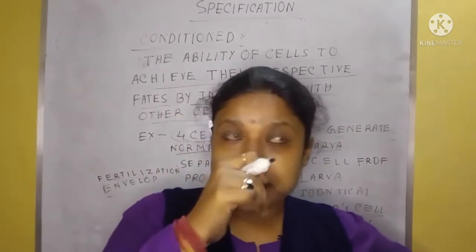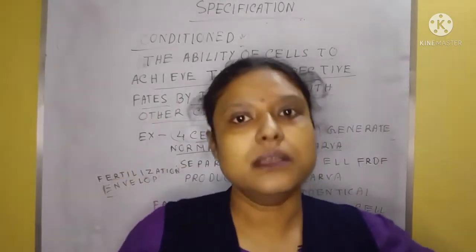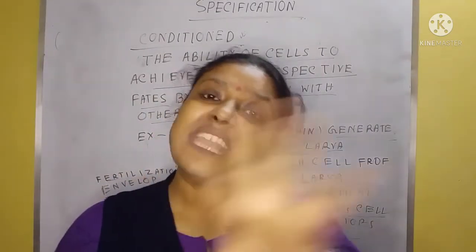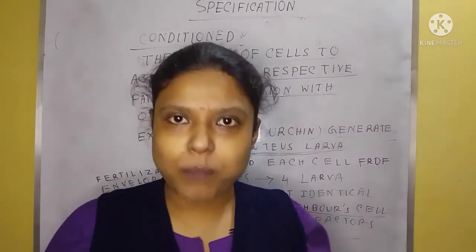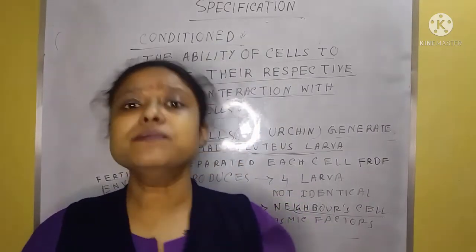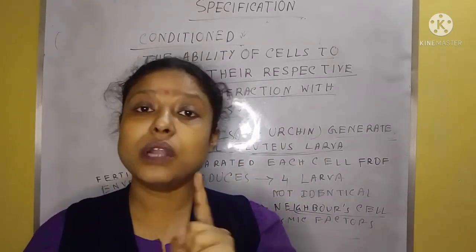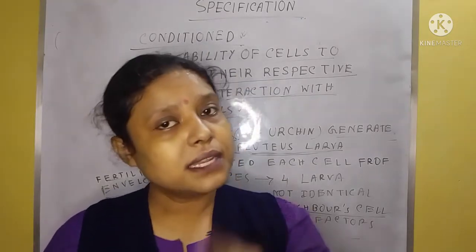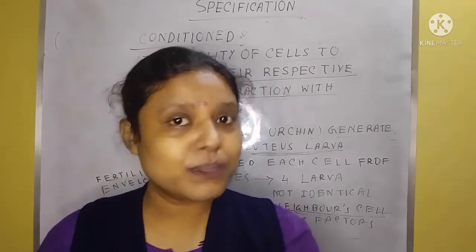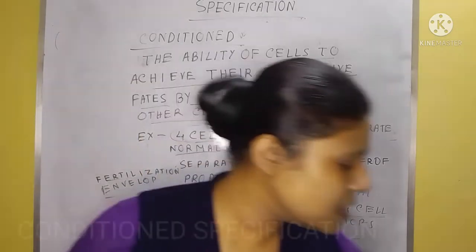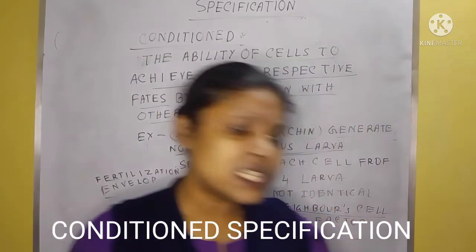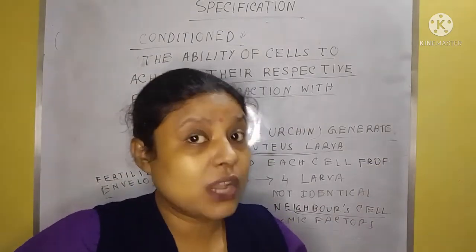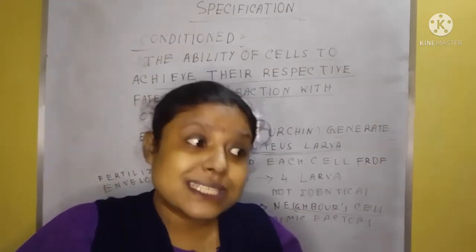Here nuclear division occurs, and from one nucleus, many nuclei are formed. But the cytoplasm does not divide here. Only nuclear division is possible. The cytoplasm is common, so this is known as the syncytial system.